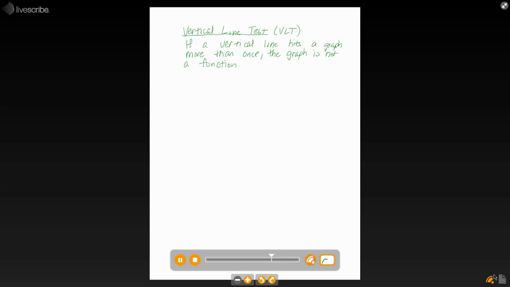Okay, so I'm going to draw some pictures here. Or attempt to anyways, right? Okay, so examples. Here's my x-axis. Here's my y-axis. And I'm going to draw a line.